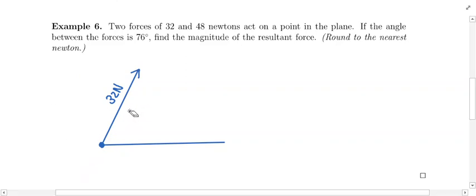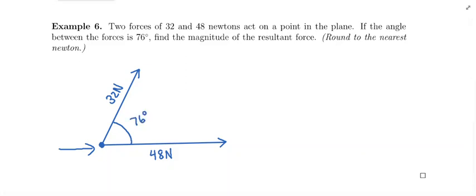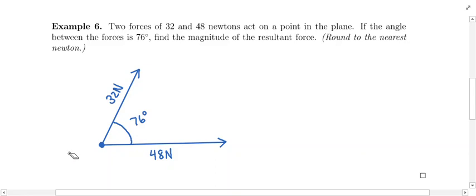Remember the length of the vector represents its magnitude, so the 48 vector should be longer. Maybe some other car hit the original car from this angle, so this is going to be a force going in this direction. So this is going to be 48 newtons. And then the angle between these two vectors is going to be 76 degrees. Okay, so this is what this situation looks like.